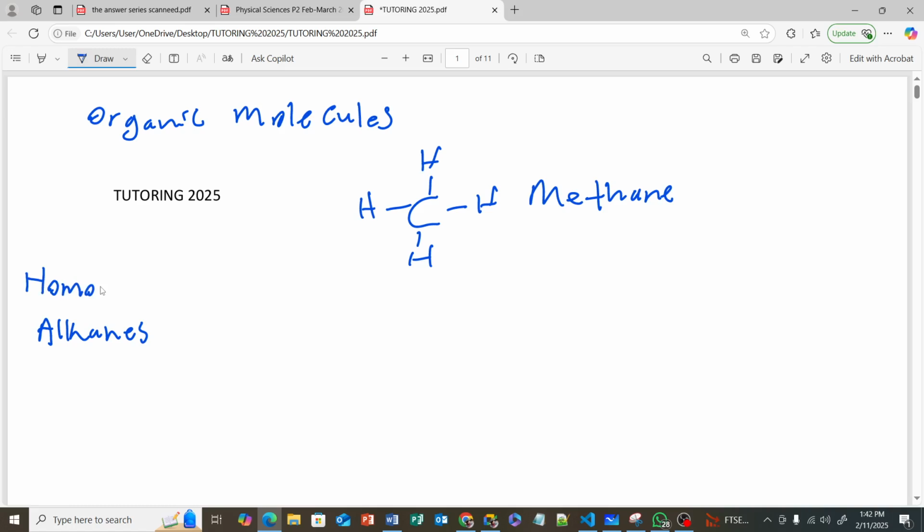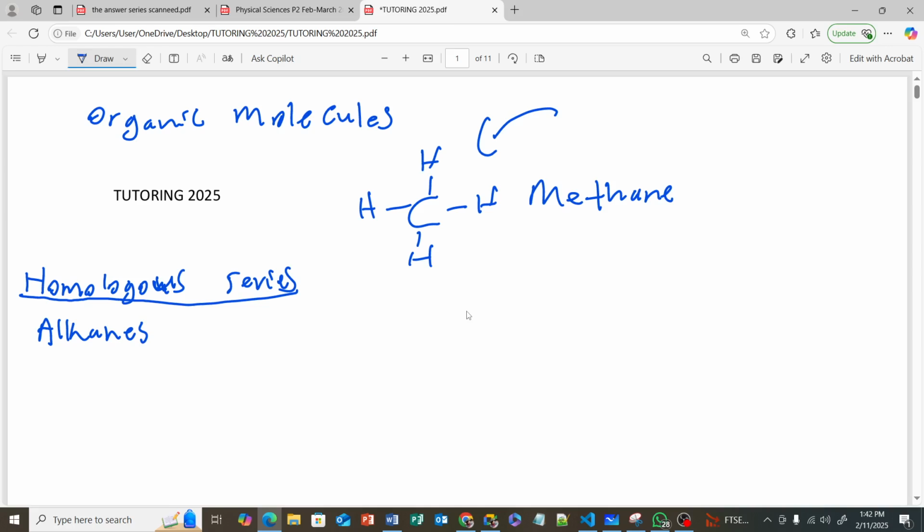Okay, homologous series. So the word homologous series is used to refer to the group of atoms or group of molecules that fall within a certain family. For example, we are going to refer to the alkanes as a homologous series.